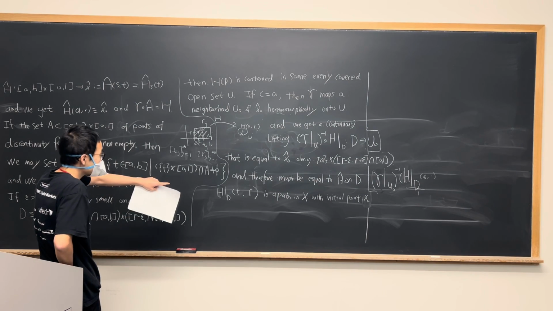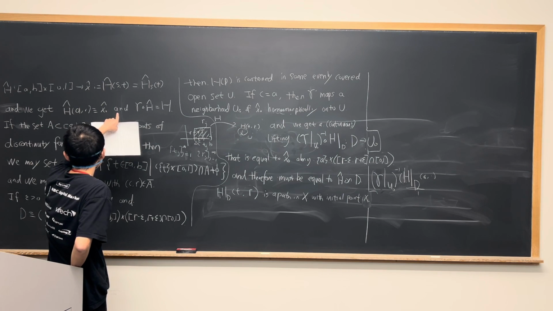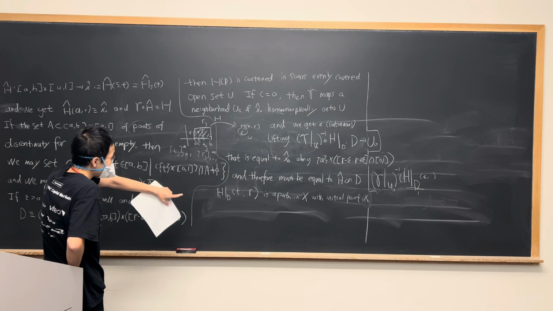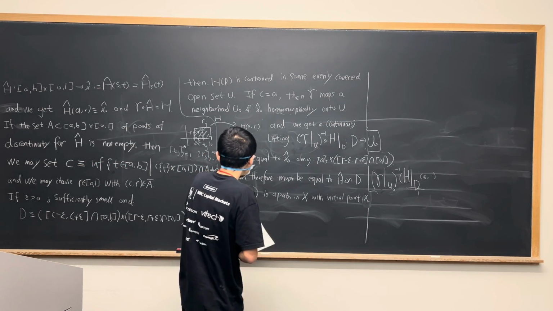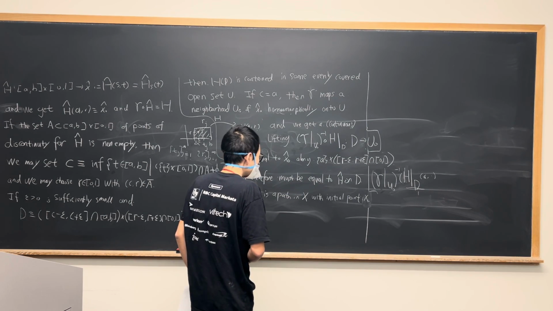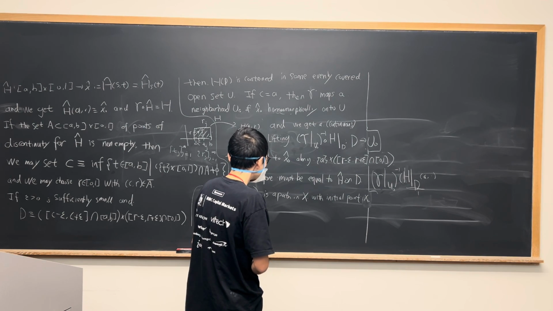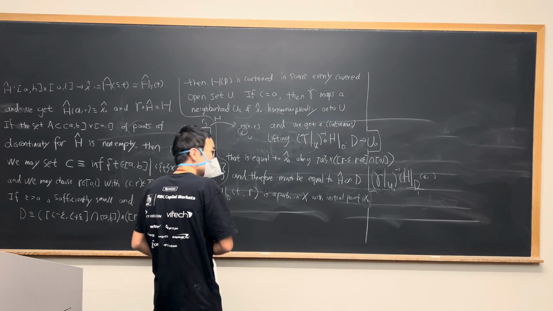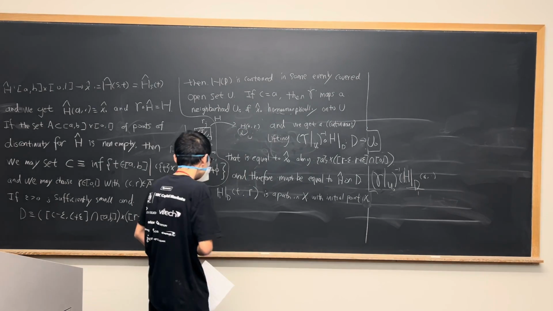This h hat t is also a lift because it is just what we defined. We define it to be the lift that we defined. So therefore they're the same. This is true for any t and r, so they are equal inside this D. Yeah, so that's the proof.